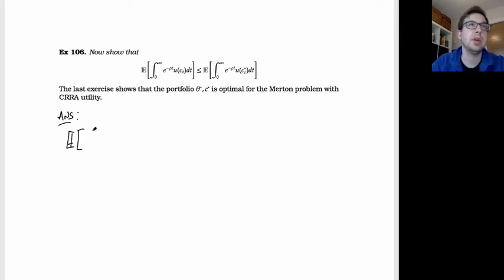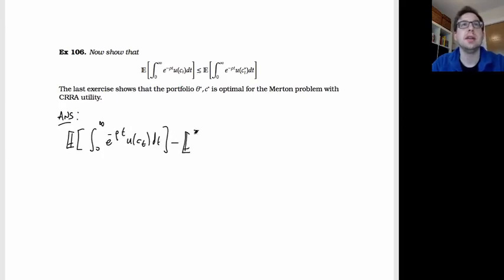We've already got an upper bound on E integral of e to the minus rho t u c of t dt minus E integral 0 to infinity e to the minus rho t u c star of t dt.